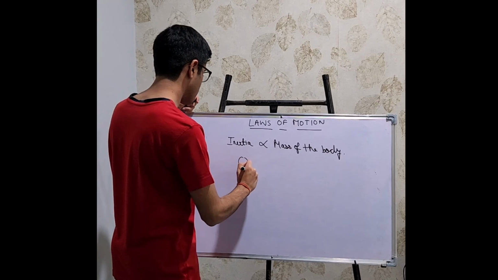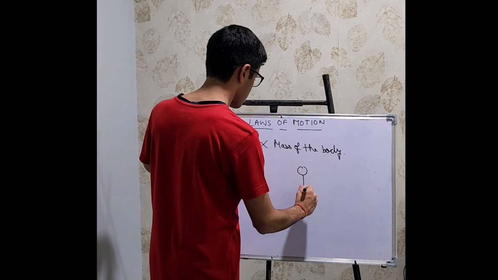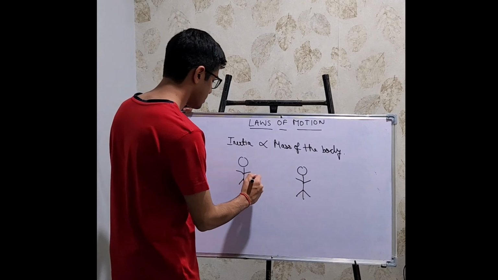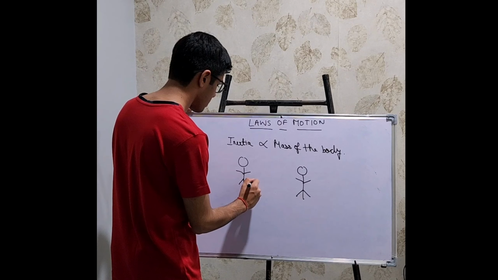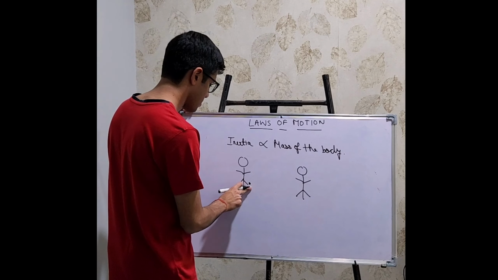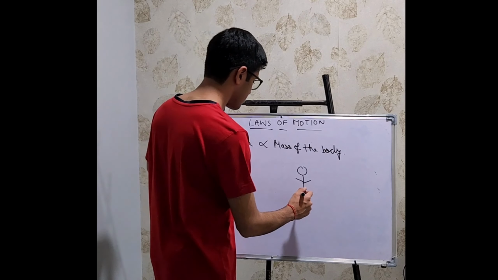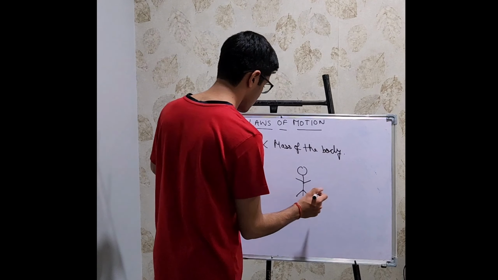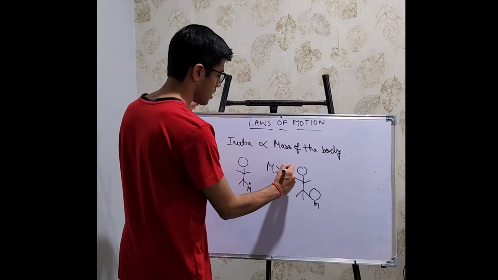Let's say there are two boys right here. Let's say this boy is kicking a stone which is of mass capital M, and this boy is kicking a football which is of mass small m, and the situation is that capital M is greater than small m.